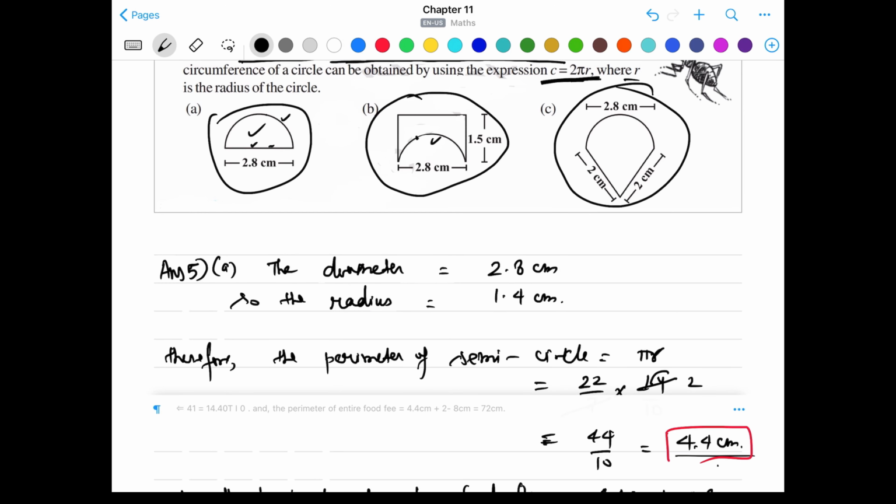Now the total perimeter will be this semicircular part and these three straight lines. As this one is 2.8, this will also be 2.8, and this one is 1.5, so this will also be 1.5.